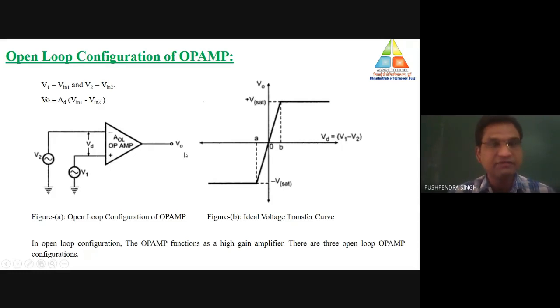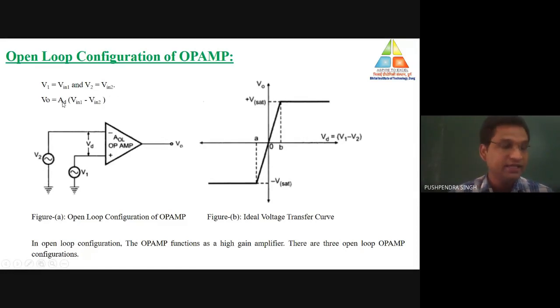So as per the definition of the output of the operational amplifier, the output voltage of the op-amp is directly proportional to the difference of two input signals. That can be represented as V0 is directly proportional to V1 minus V2, or it can be written as V0 equals AD (V in 1 minus V in 2), where V in 1 is equal to V1 and V in 2 is equal to V2.